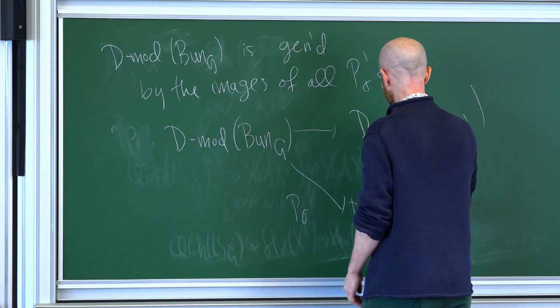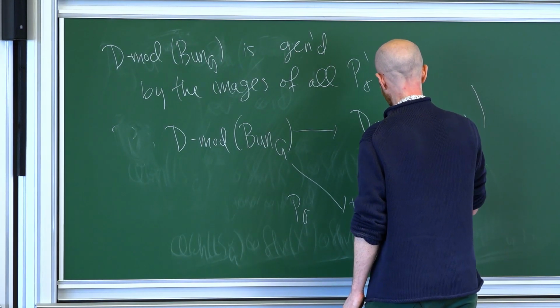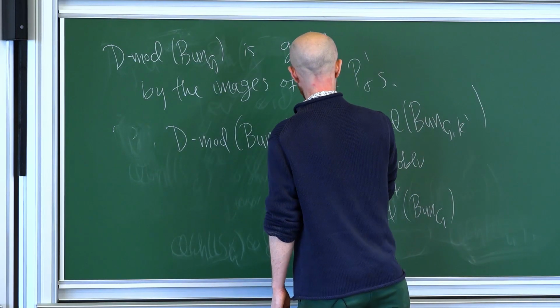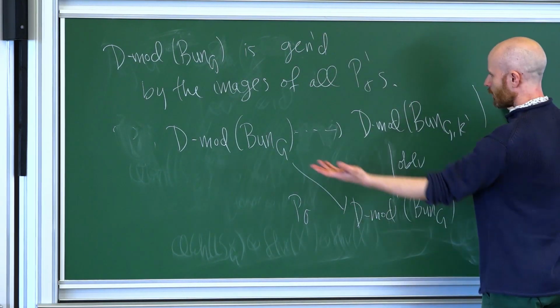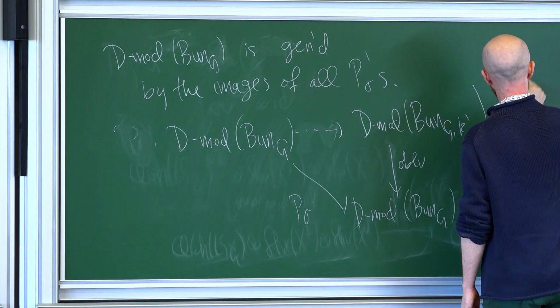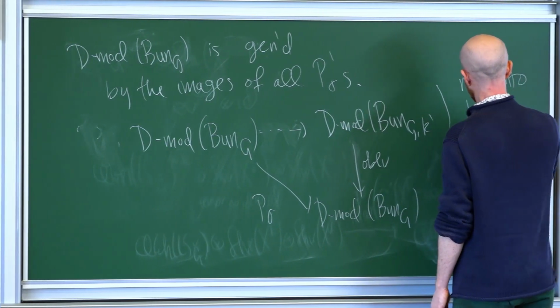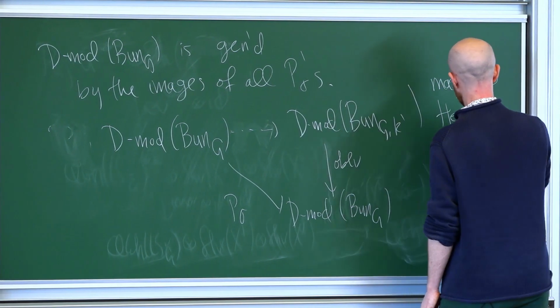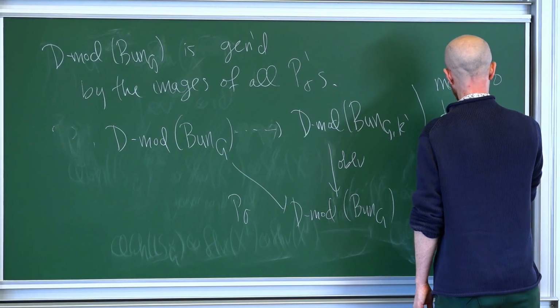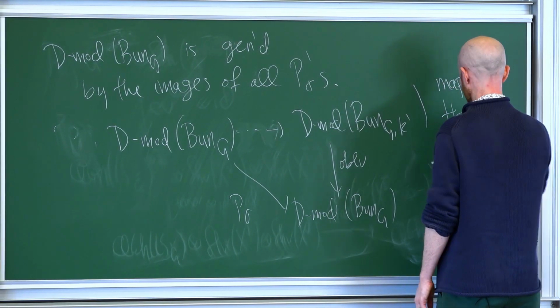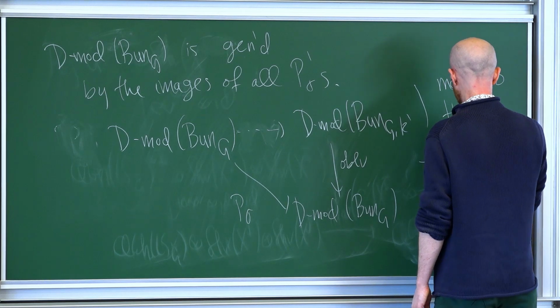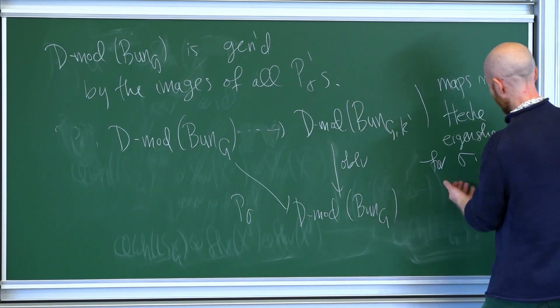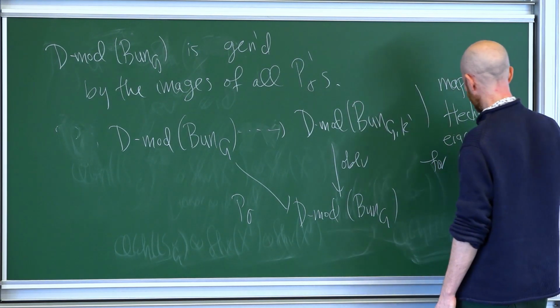It's the forgetful functor. This is the lift. And moreover, by design, it maps into Hecke eigensheaves for sigma. I didn't exactly say what Hecke eigensheaves are, but okay.